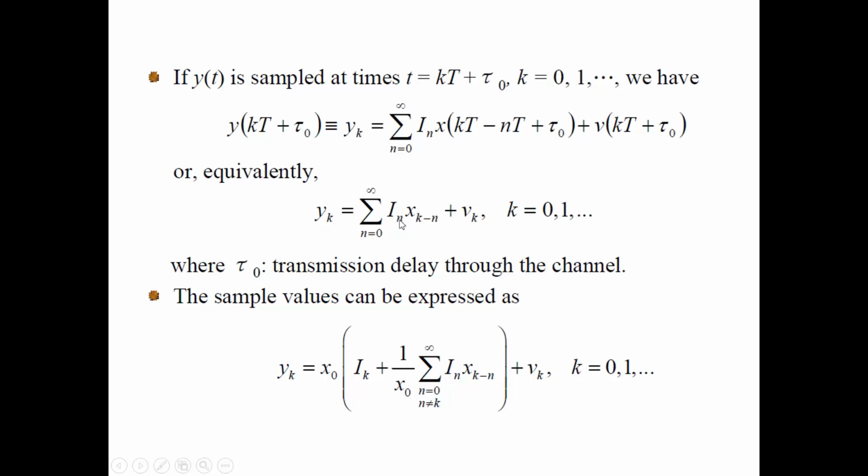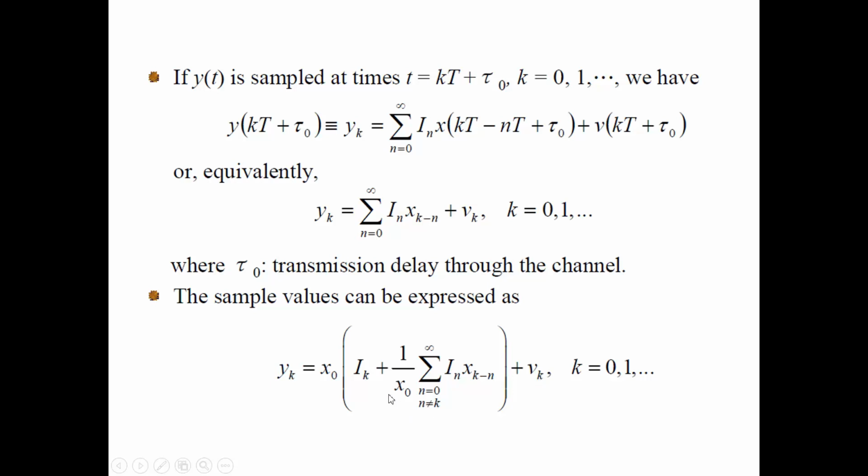Because n is equal to k, we are dealing with the present instant, the present symbol. So it will become I_k plus 1 over x_0, because we have taken x_0 out of the bracket, sigma n equal to 0 to infinity, but n not equal to k, because this particular term we have extracted out from the sigma, of I_n x of k minus n, plus v_k. Of course, that's the noise part.